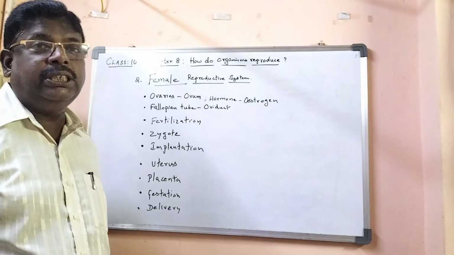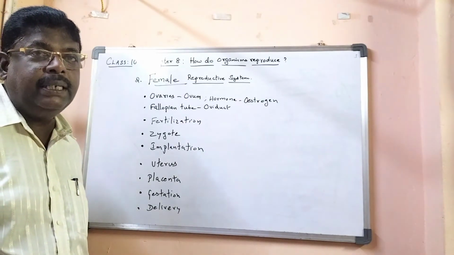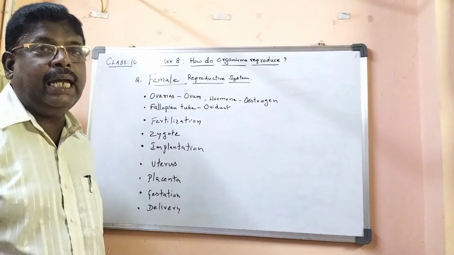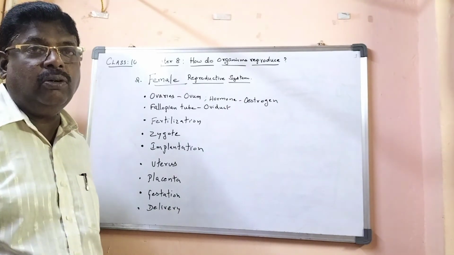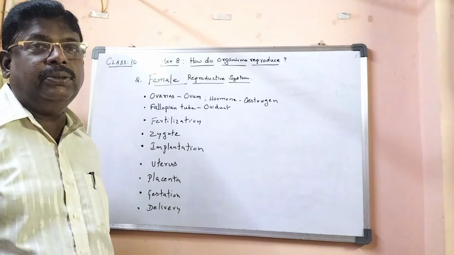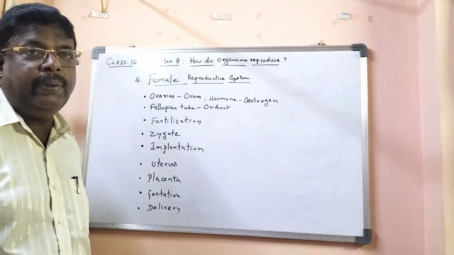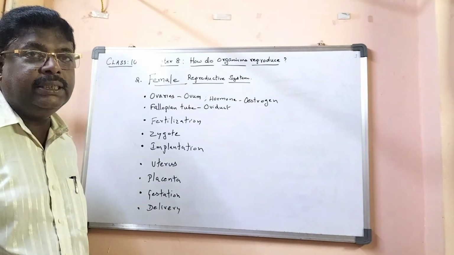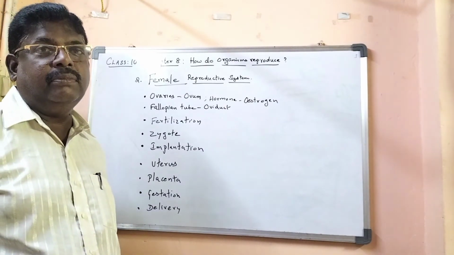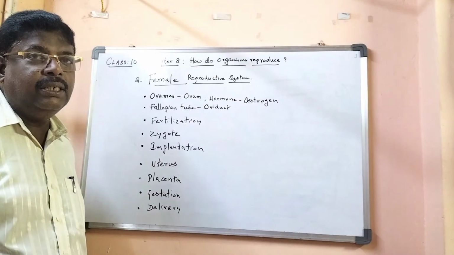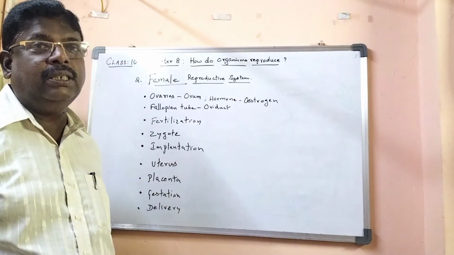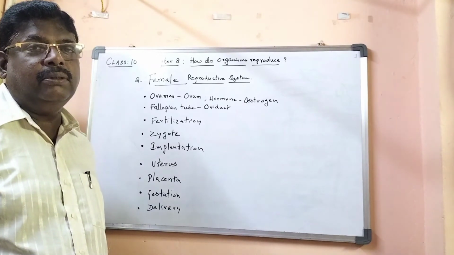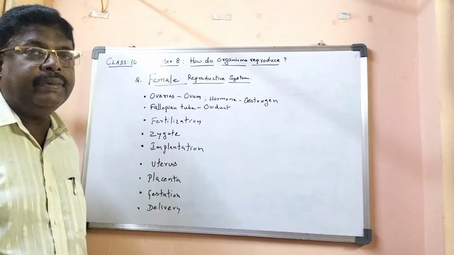It has a large surface area, so that glucose and oxygen get passed on from the mother's blood to the developing embryo. So the developing embryo gets food, glucose, oxygen, everything from the mother's blood through the placenta.